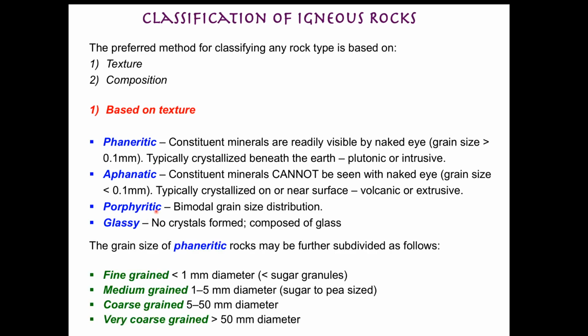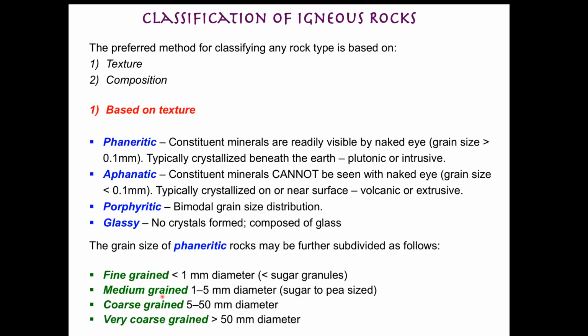Now within phaneritic, there are also divisions. It can be divided into fine-grained, medium-grained, coarse-grained, and very coarse-grained, all parts of the phaneritic. Fine-grained is less than 1 millimeter and greater than 0.1 millimeter, so it is smaller than sugar granules.